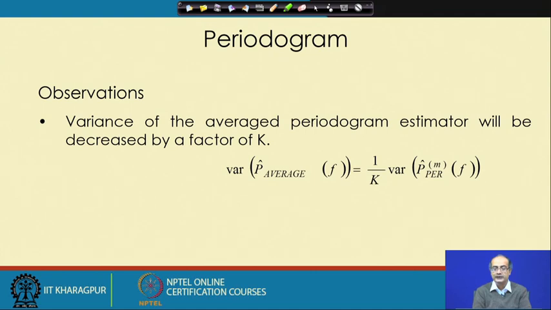With increasing data we were suffering from high variance in the periodogram and high fluctuations in those frequencies. We can get rid of them, or at least suppress them, and the decrease would be inversely proportional to the number of such data sets we get.